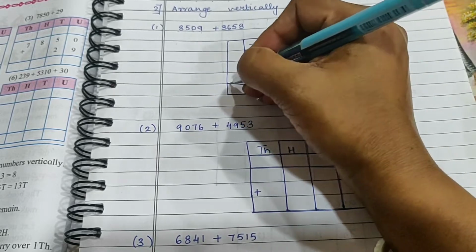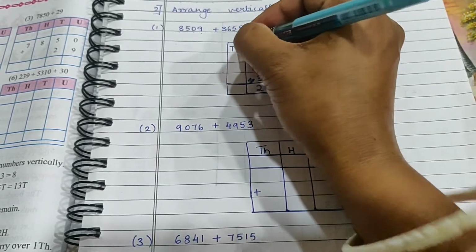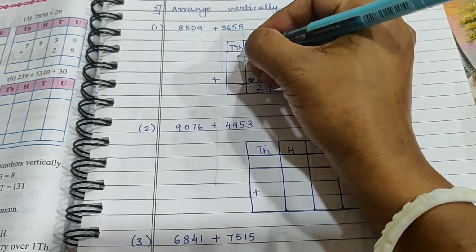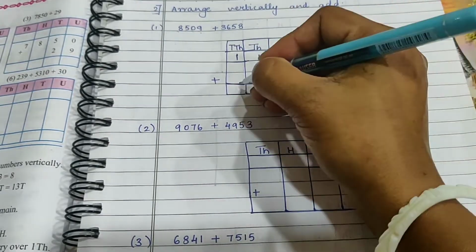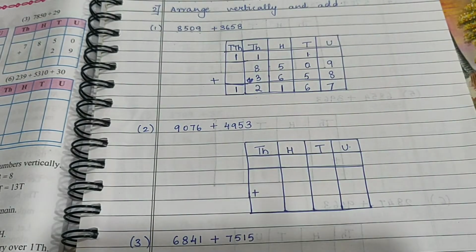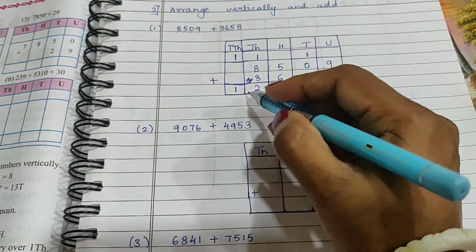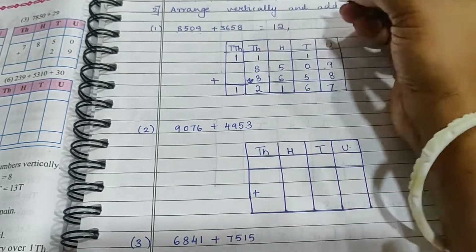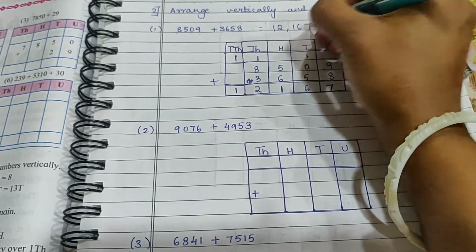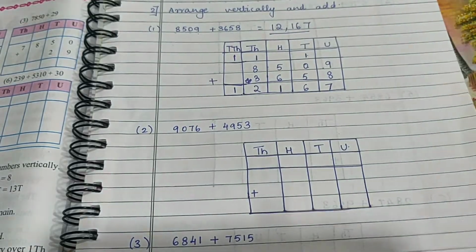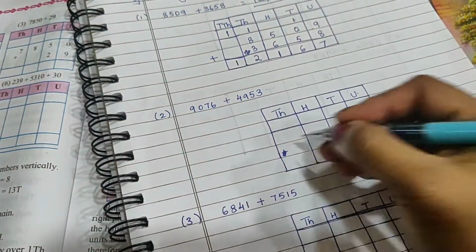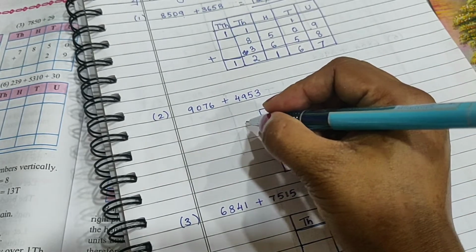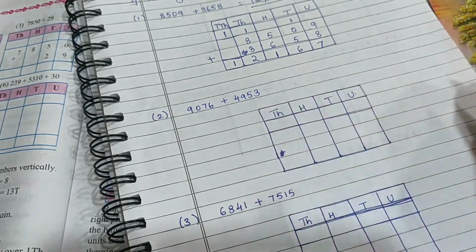You get a place value of 10,000. So you can always add 1 and this will also become 1. So the answer is 12,167. So please don't make addition marks here, because we don't know if the number comes greater than this, then we can always add here.